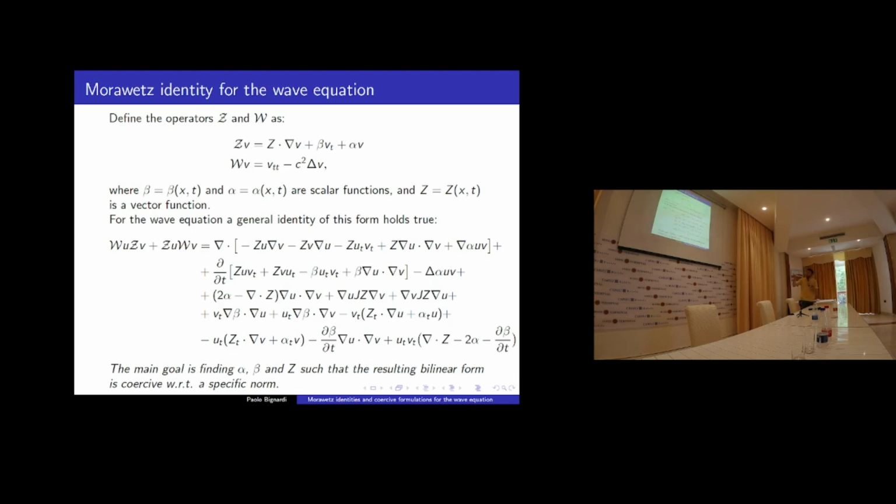The objective at this point becomes finding the right functions alpha, beta, and z. Proving the identity is quite easy, but you need to choose them in a way such that the bilinear form that you get is coercive.